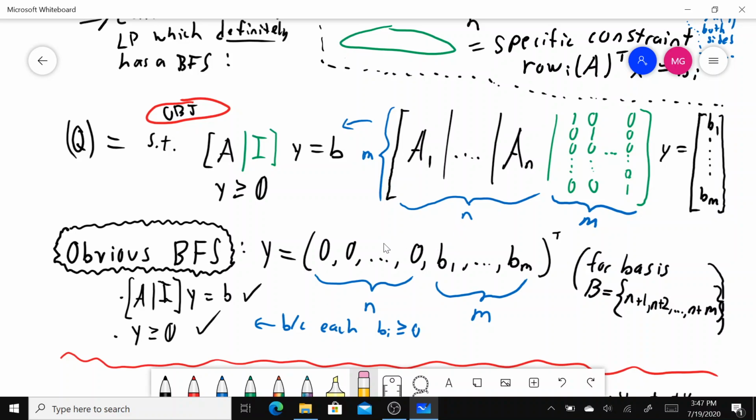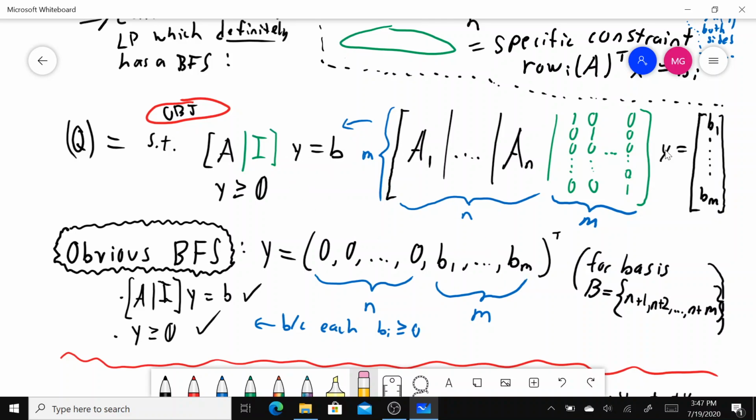And that works because if you take this overall matrix A appended by I and multiply it by this vector y, you'll see that it's a linear combination of the columns, and the coefficients in front of the A columns are all zeros. That's the first n entries, so those just vanish, and then what you're left with is each individual component of b times an identity matrix column, and they come in order.